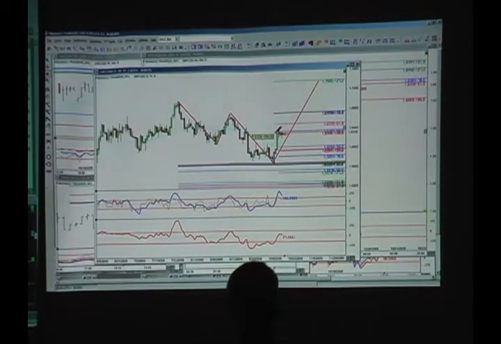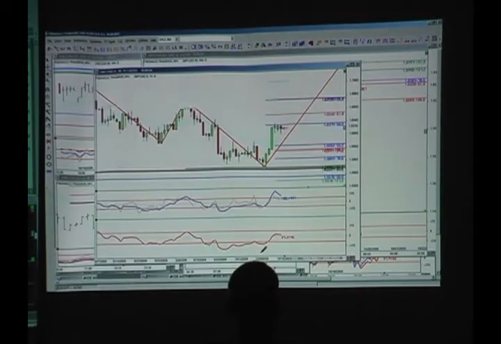That's a symmetry resistance level expansion. Well, it broke as far as I'm concerned because we had a close above it.